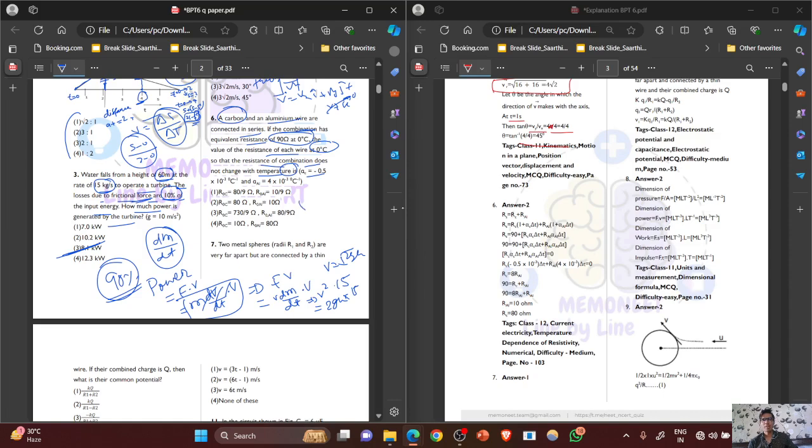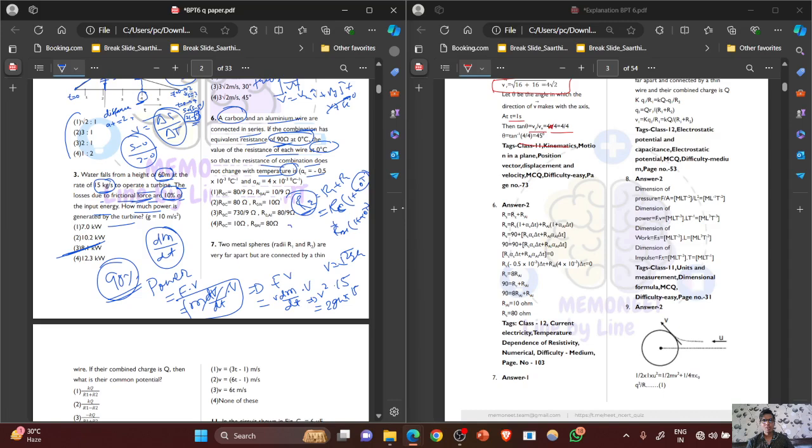So you know, if it is in series, R equivalent will be simply R1 plus R2. Then the combination is R carbon into 1 plus alpha delta T plus R aluminum into 1 plus alpha delta T. Now R equivalent is given, that is 90, and delta T is simply 0, as you can understand here. Delta T means change in temperature, there will be no change here.